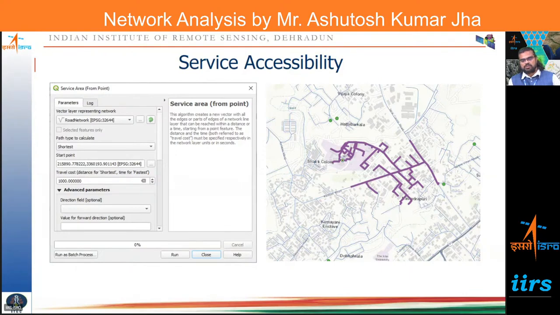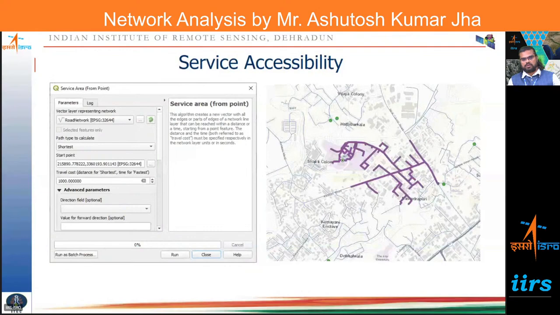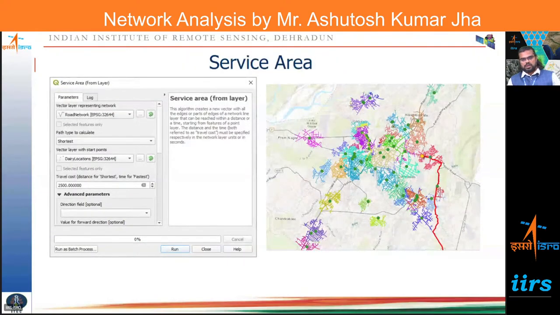It gives you all the highlighted segments which are within reach of that distance. Similarly, you can also do it based on time and so on. We can find this out using the service area solutions. Then there is also the from layer to layer option.